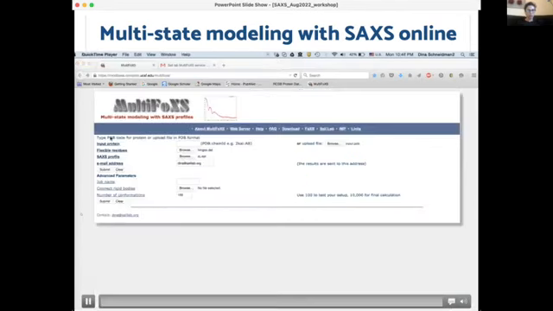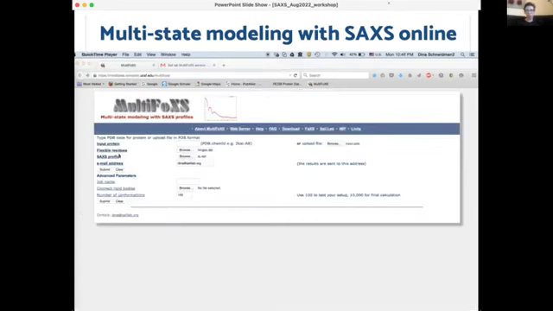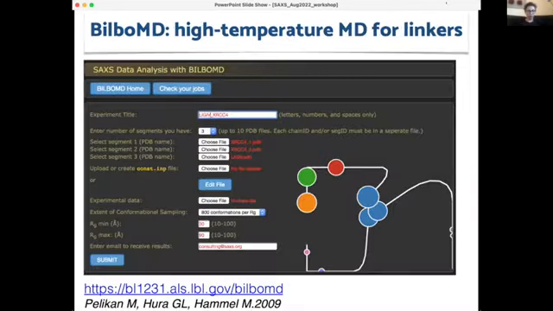And I think now we can go back to your question. Okay, before the question, I want to advertise BilboMD. I think, Michali, will you talk more about it? So BilboMD can do something very similar to Multifox.